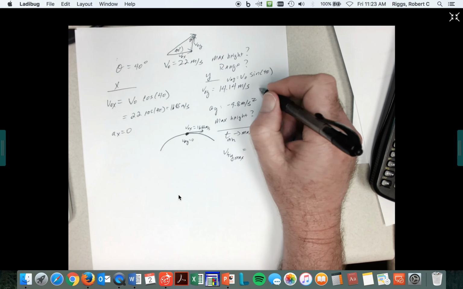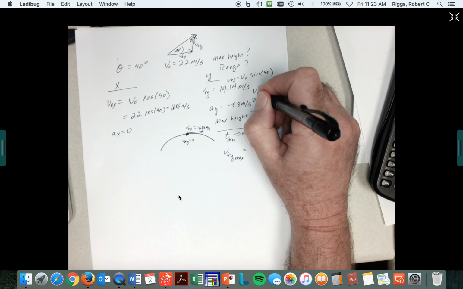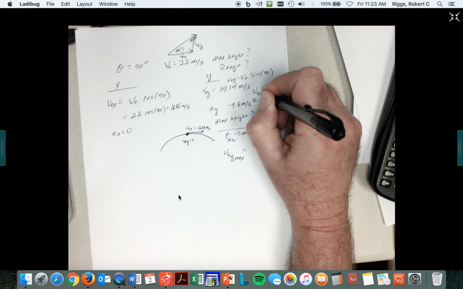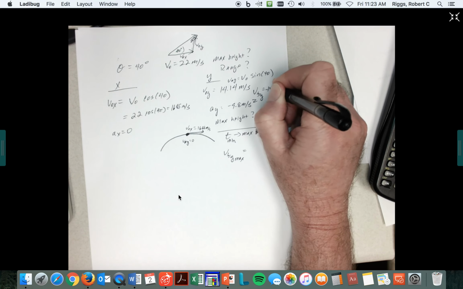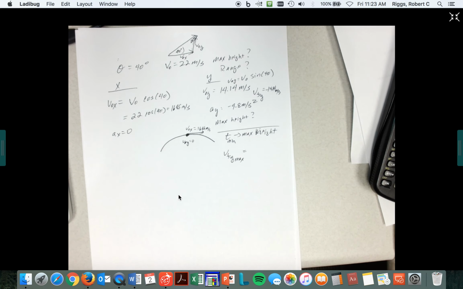The overall final velocity in the y direction, the final Vy, is equal to negative 14.14 meters per second. That'll come in handy.